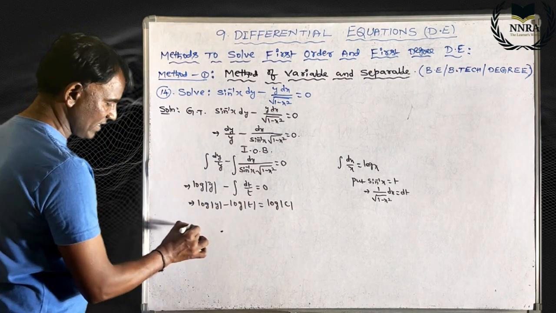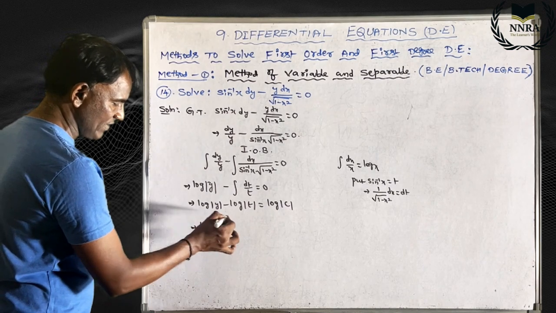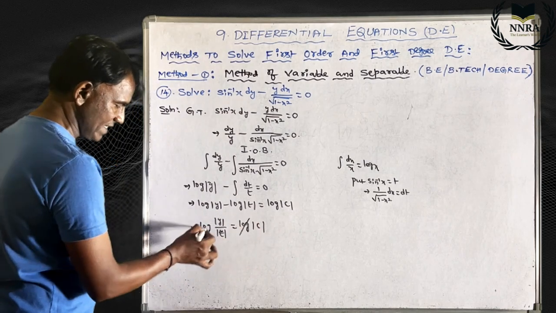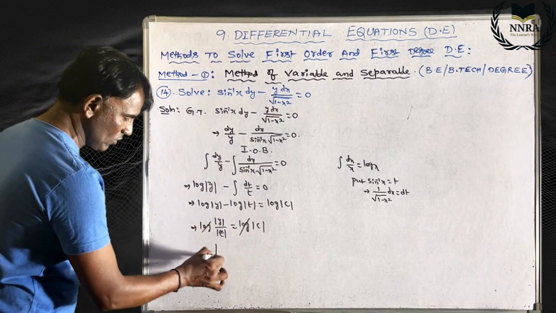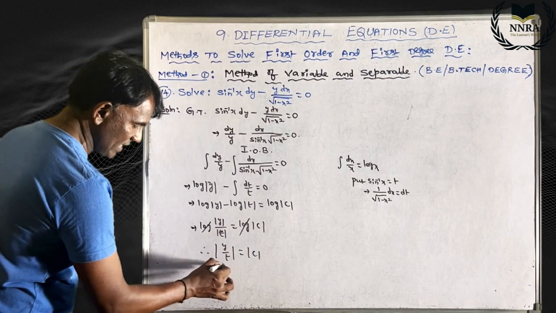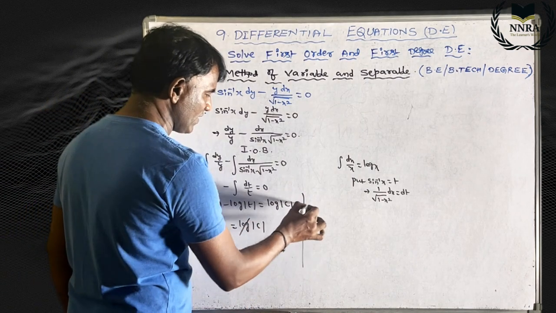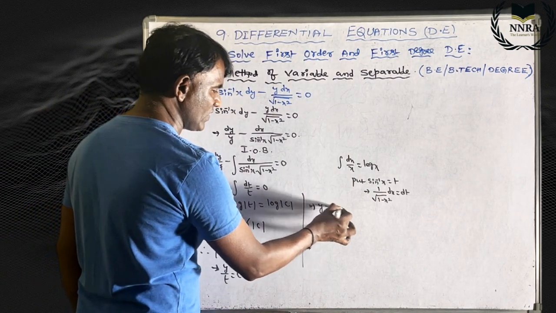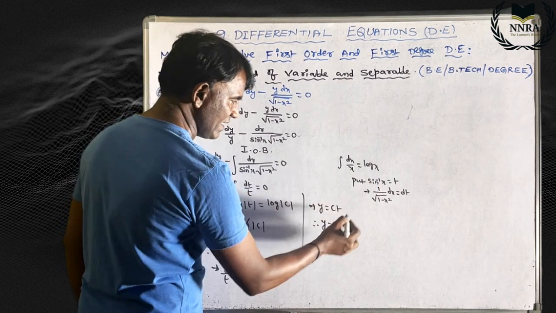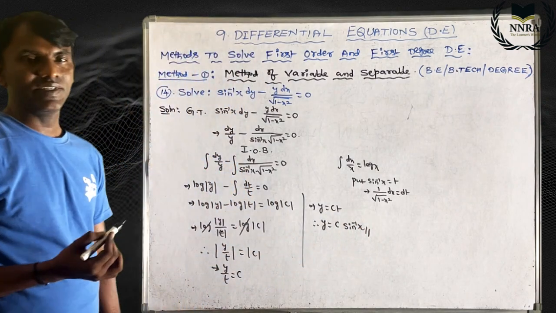Again log a minus log b is log of a by b, that is mod of y by mod of t, equal to log of mod of c. Clear? Cancel the logs. Then mod of y by t equal to mod of c. So that implies y by t equal to c, or the same can be written as y equal to c into t. Therefore y equal to c into, what is the value of t? Sin inverse x. So this is the required general solution.